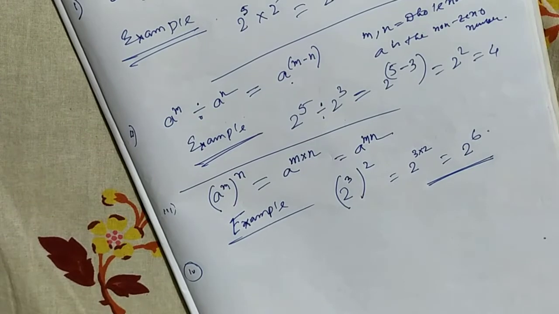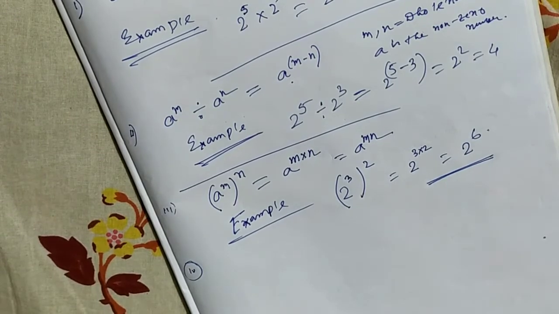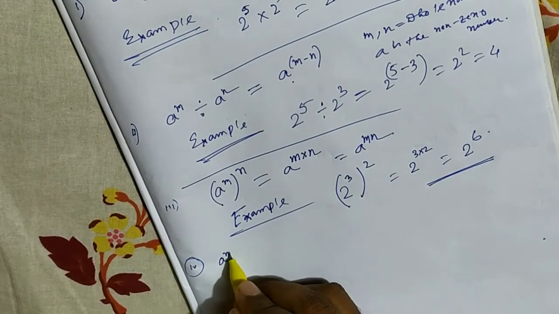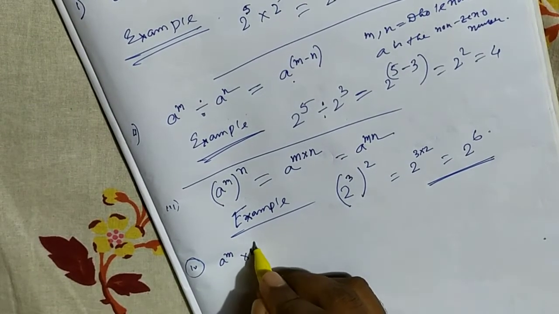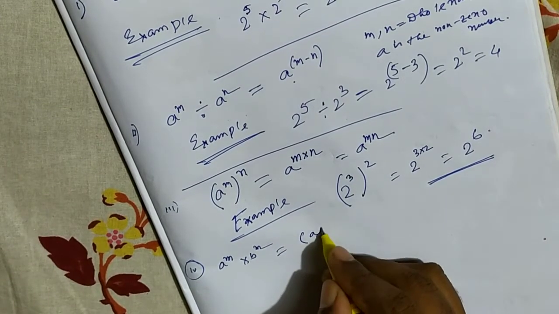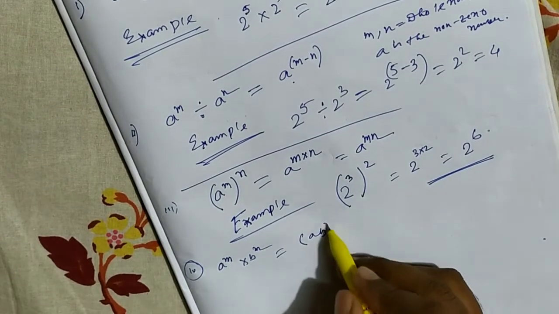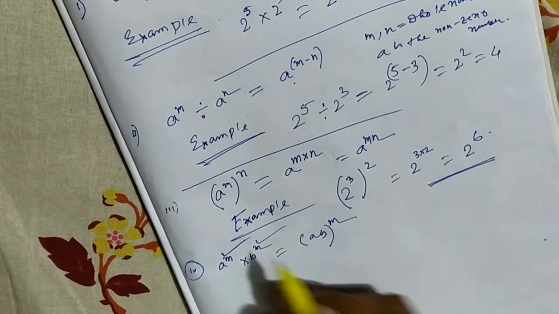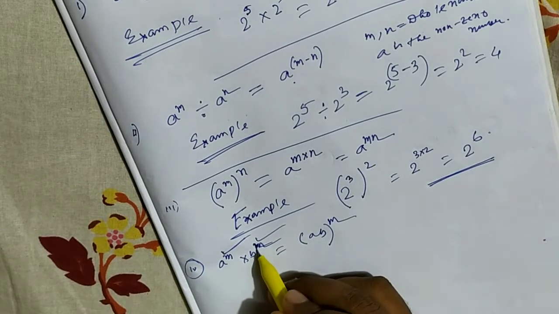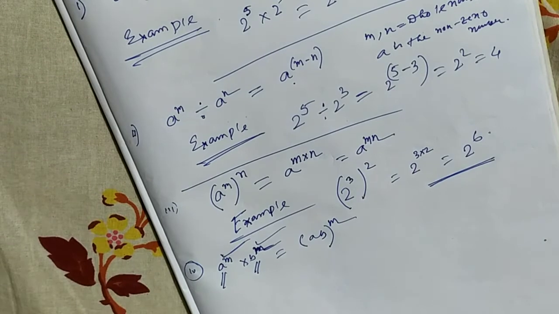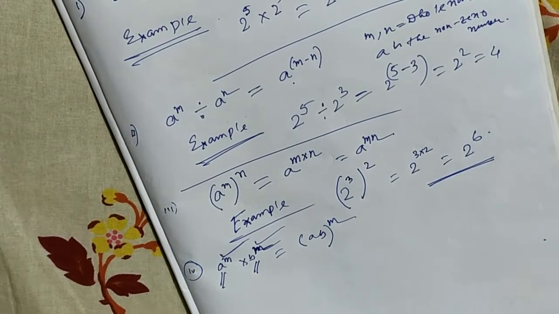Law number 4 says that a to the power m into b to the power m is equal to ab whole to the power m. Here we saw that the exponent is the same and the bases are not equal.